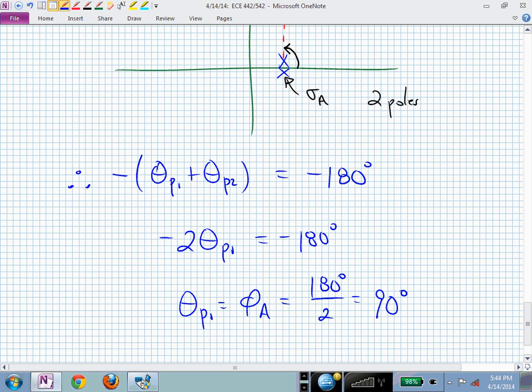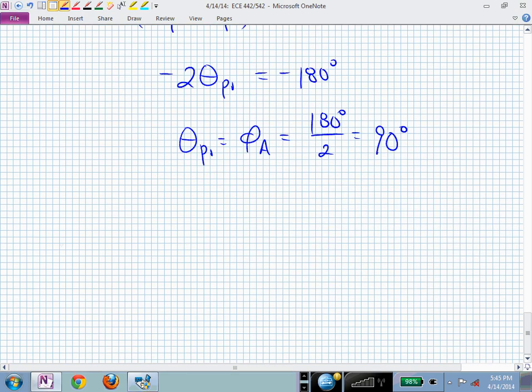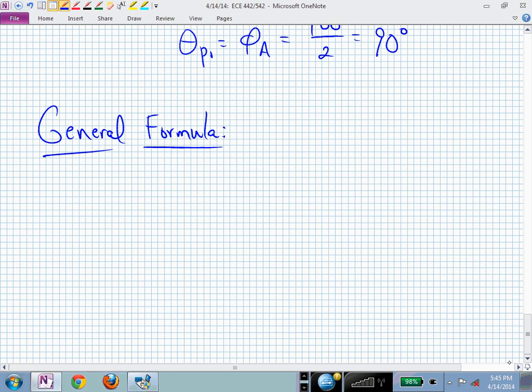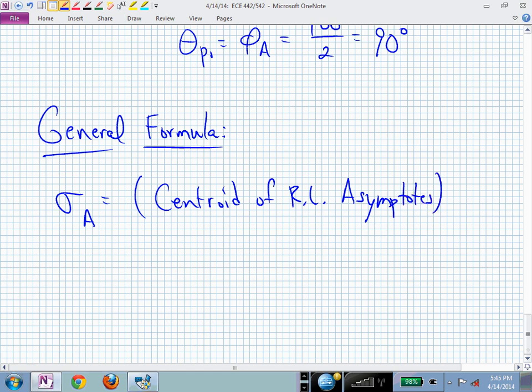We're simply going a long distance away and saying what would have happened, and then we really can just apply these formulas. And the formulas give us the centroid and the angles. The centroid, sigma sub A, and I'm trying to help those of you that are texting, you can just say RL.